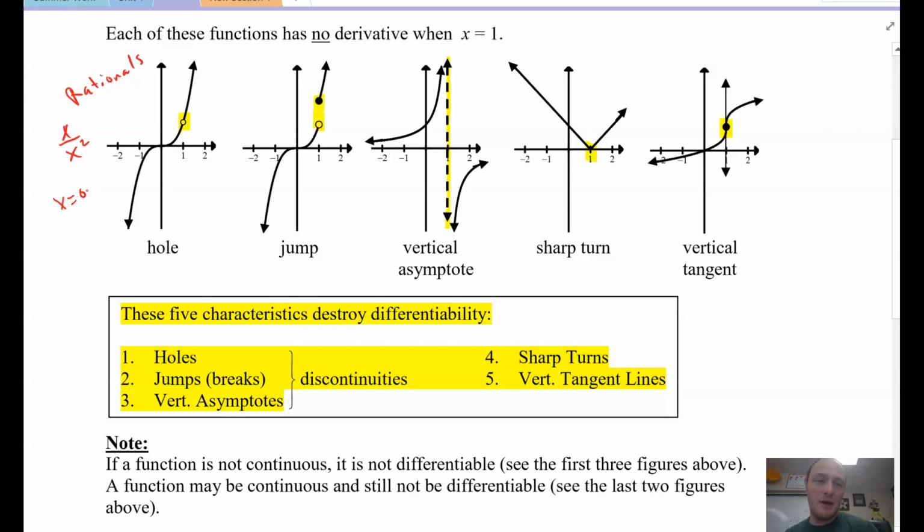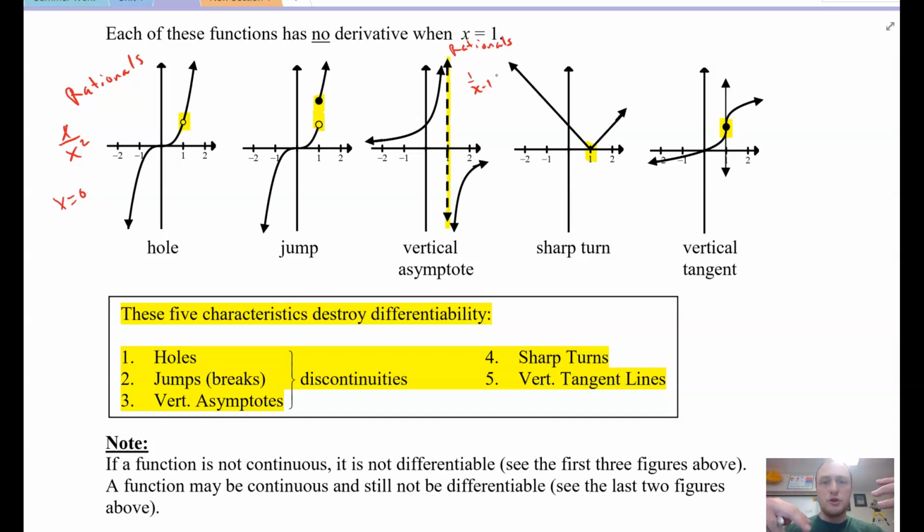So that's not going to be differentiable at that location. Also the same rationals with the vertical asymptotes. If I had something like 1 over x, you have a vertical asymptote at 0. To match this, let's do 1 over x minus 1. That's exactly what you're looking at. So you have a vertical asymptote there, not continuous.